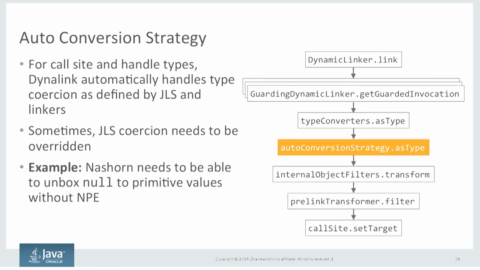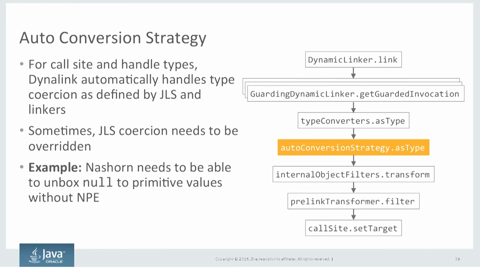First of which, the auto-conversion strategy. So the call site type and method handle type may have to be matched. There may be slight mismatches in the types. Dynalink automatically does this for all the coercions defined by the Java language specification and also for custom type conversions defined by linkers already.